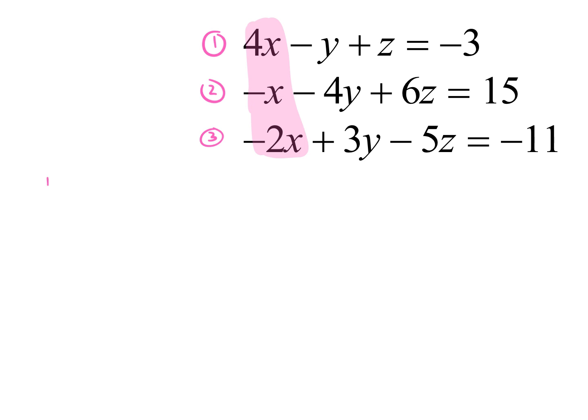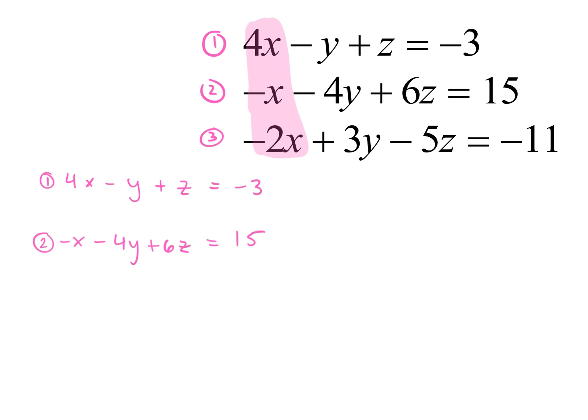Sure, let's do 1 and 2. So we've got 4x minus y plus z is equal to negative 3. And 2 is negative x minus 4y plus 6z is equal to 15.